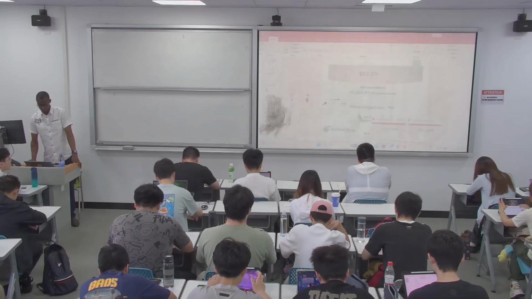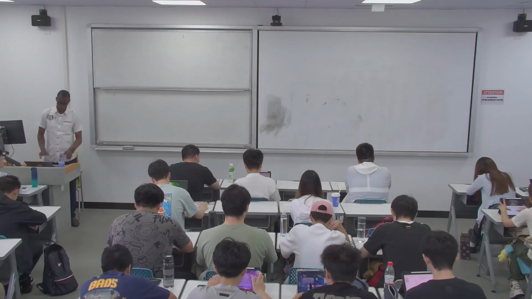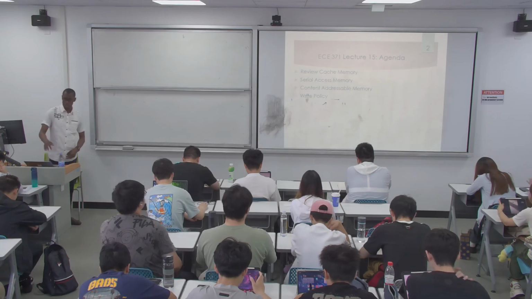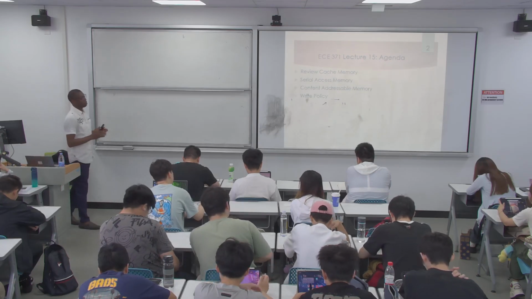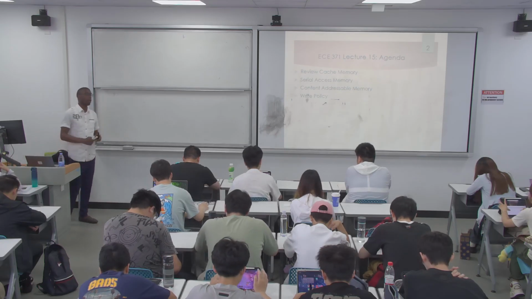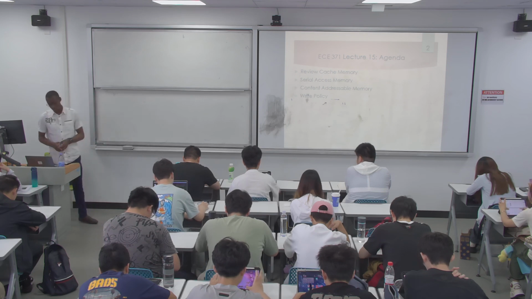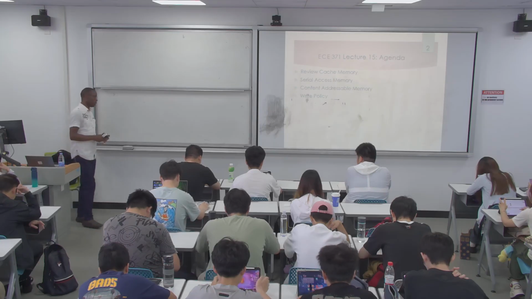All right, so we're going to have a short review about the cache memory. The cache memory is very important in our computer system because it stores the most recently used data to avoid multiple accesses of the central processing unit to the main memory.